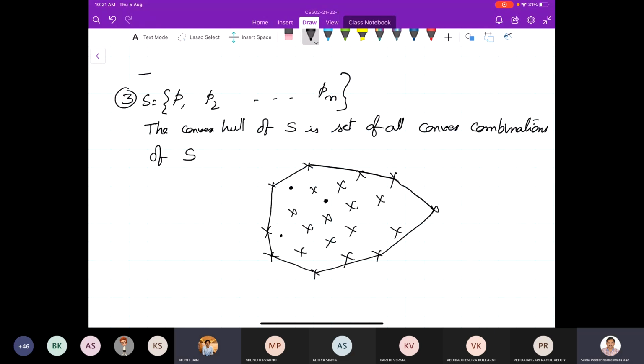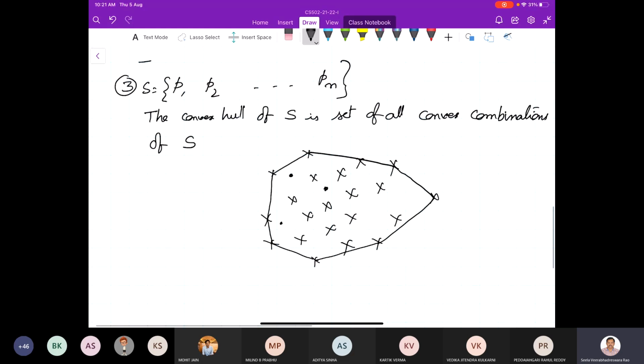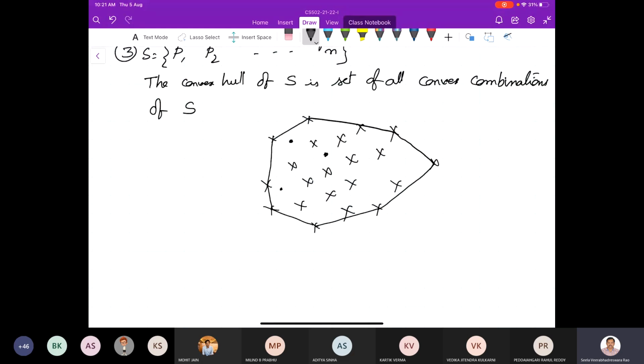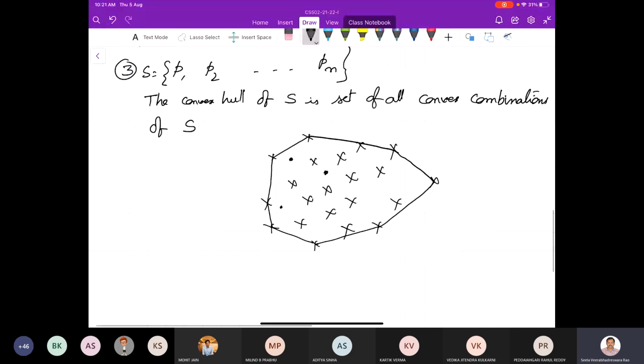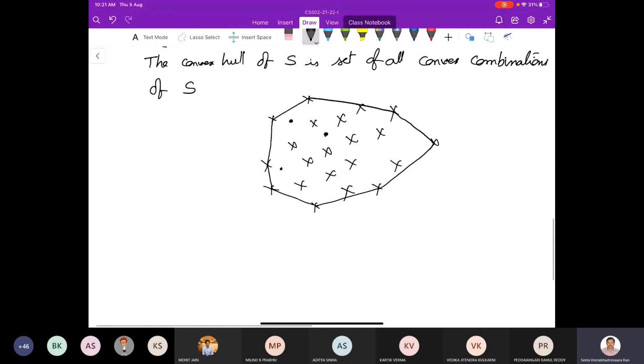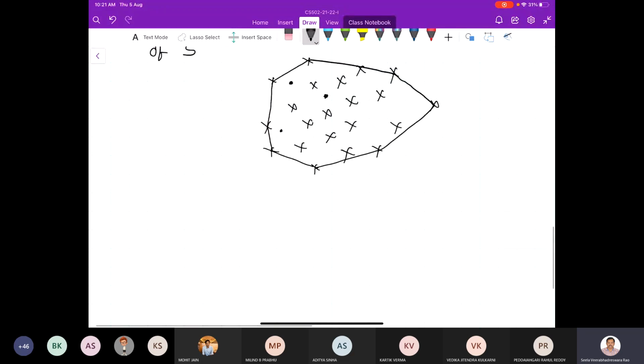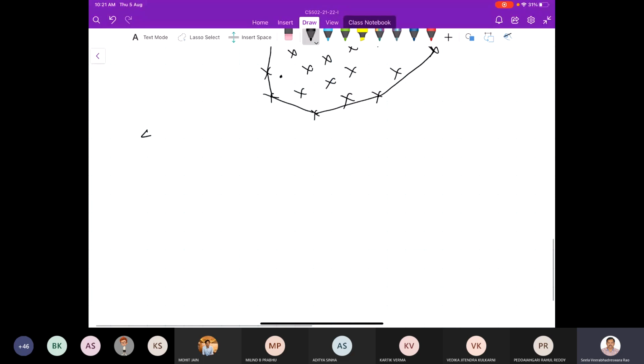Okay, so here is a slight variation of this definition. Here we are taking the convex combination of all endpoints. Instead of that, if you take only convex combinations of d plus 1 or fewer points, here in d dimensions.